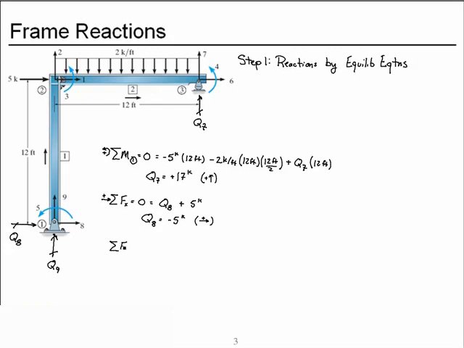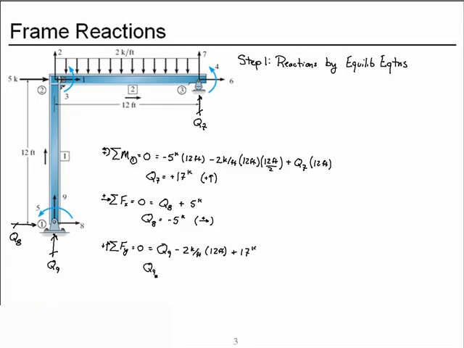Now I sum forces in the vertical direction. I'll choose up to be positive. I have a positive contribution from the reaction at degree of freedom 9, a negative contribution from the distributed load acting over 12 feet, and a positive contribution from the reaction we calculated at degree of freedom 7.